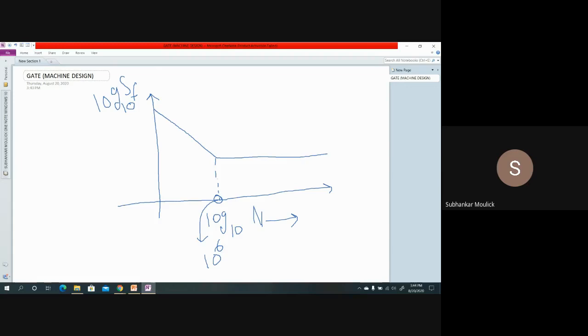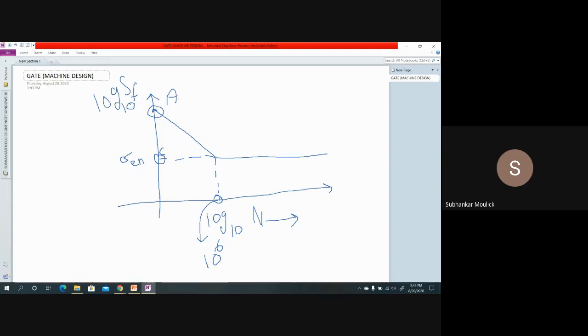This is given to me and corresponding to this horizontal line, this particular value is your sigma En. Let us denote this point by point C. And this particular value from the question is say point A.